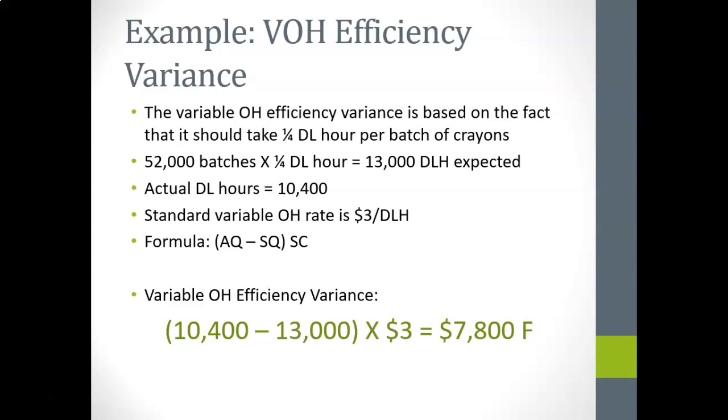So now we have everything we need to plug it in. We have our actual quantity, 10,400, minus our standard quantity of 13,000 hours. That difference times $3 per direct labor hour is $7,800. Is it favorable or unfavorable? We go back to the beginning. 10,400 is less than the 13,000, so it is favorable.